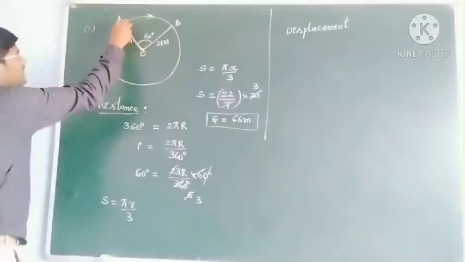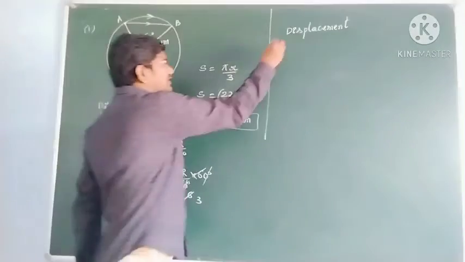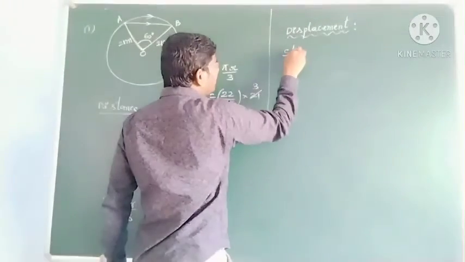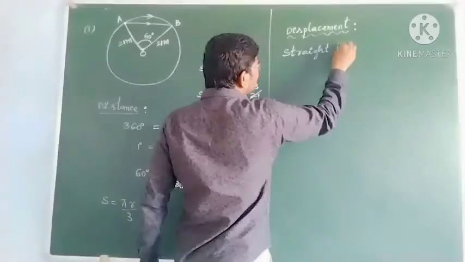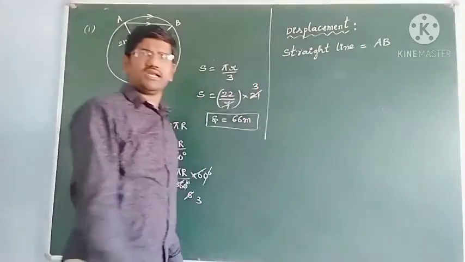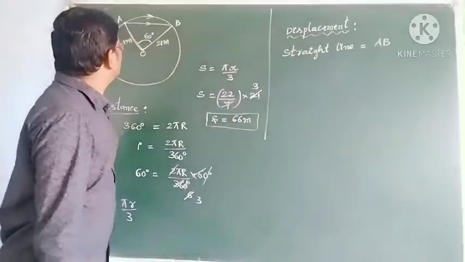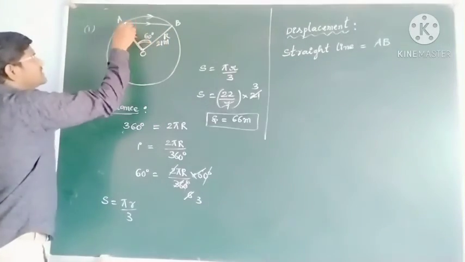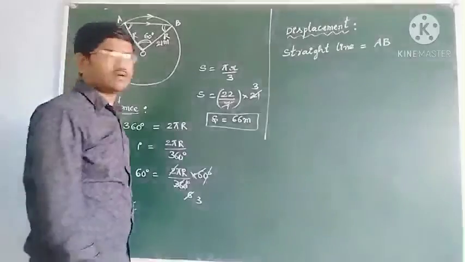Displacement means the straight line from A to B. So the straight line AB is the displacement we have to find. We know this is R and this is R, and this angle is 60 degrees. Then these two angles are also equal, and we will get an equilateral triangle.